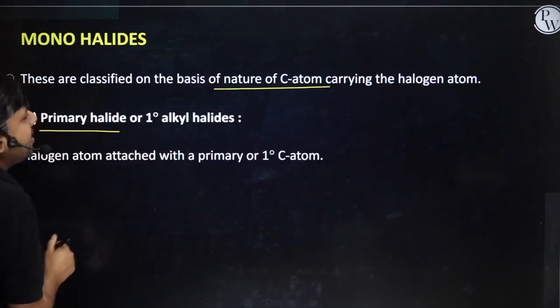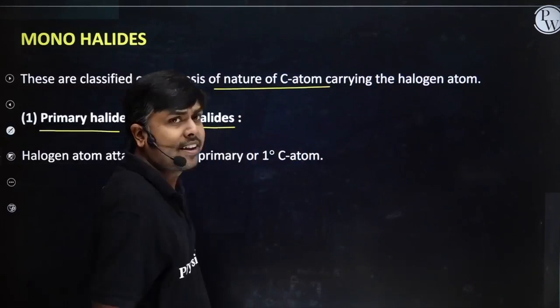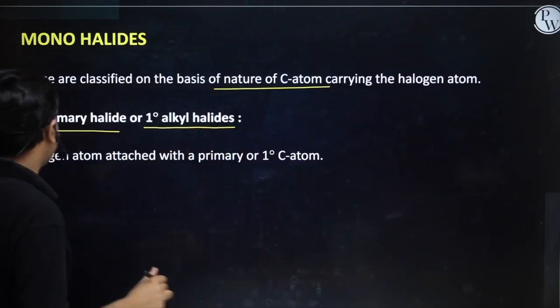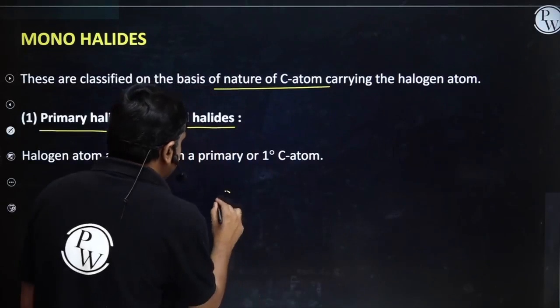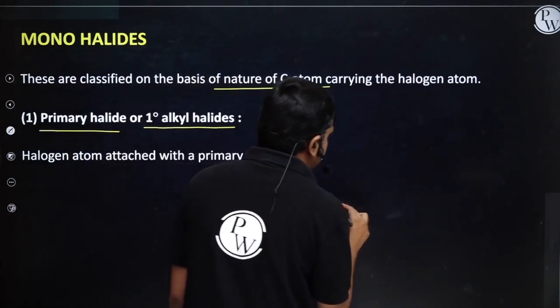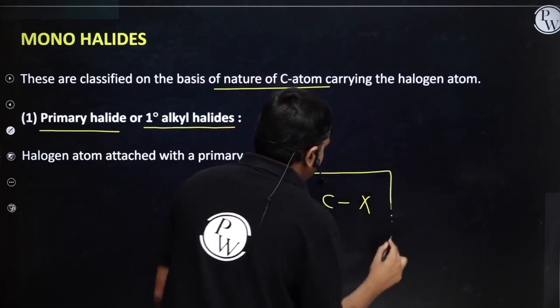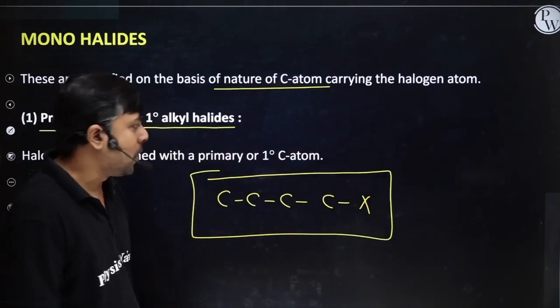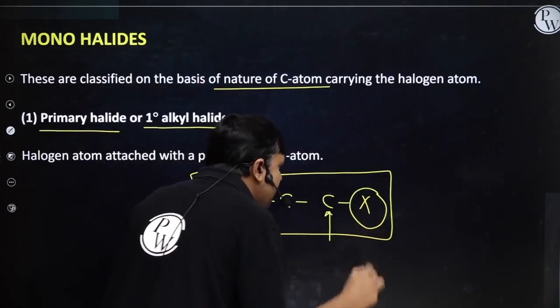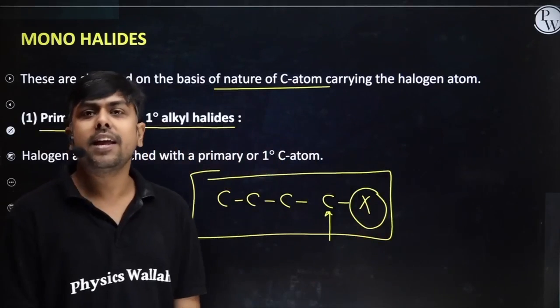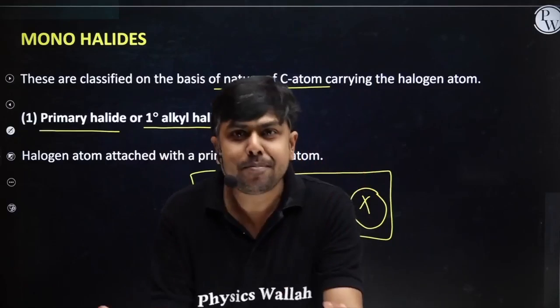Primary halides are 1 degree alkyl halides. If the halogen atom is directly connected to a 1 degree carbon like this, C-C-C-C-X. Student, if I talk about this particular compound, the halogen atom is connected to a primary carbon. So it is referred to as 1 degree alkyl halide or primary alkyl halide.